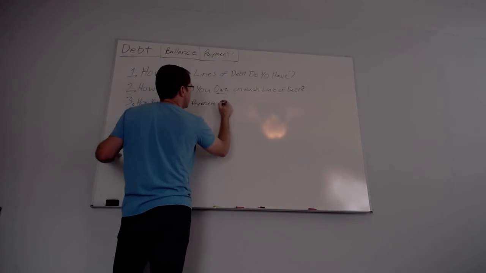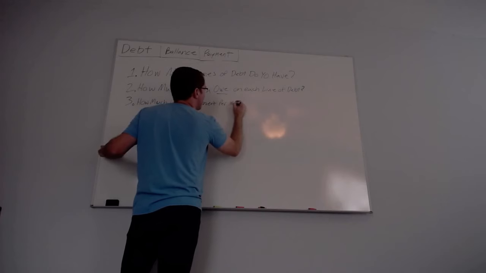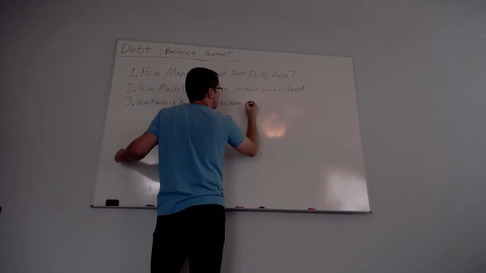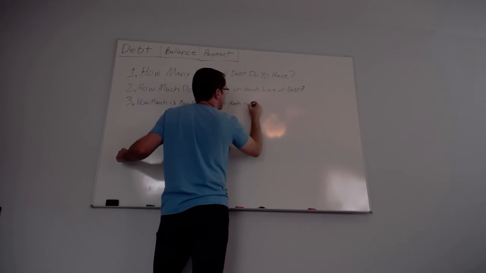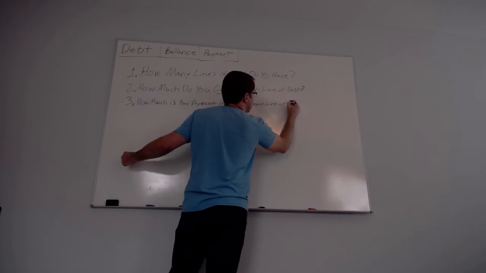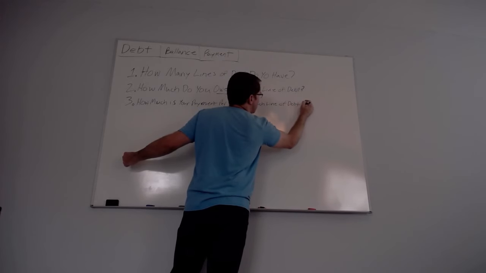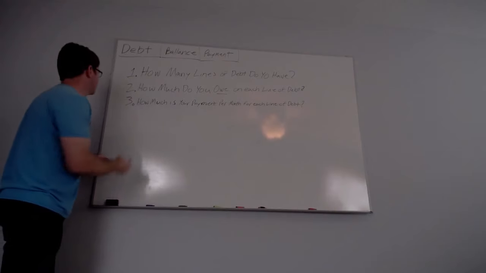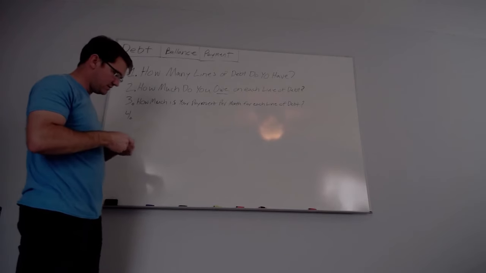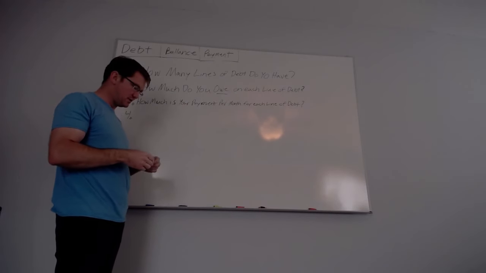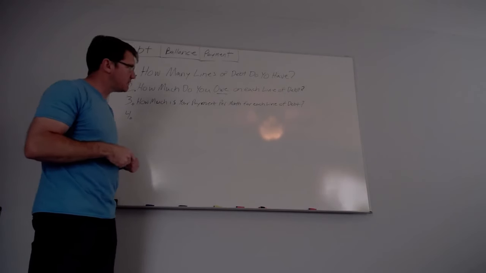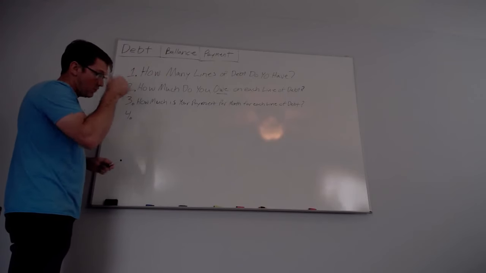How much is your payment per month for each line of debt? Okay? How much are you paying each month for each line of debt? If the car is a minimum of $550, put that. If the car is $800 a month. If the house is $1,762 a month, put it down there. Add it all up. Make sure your numbers are right on the money.